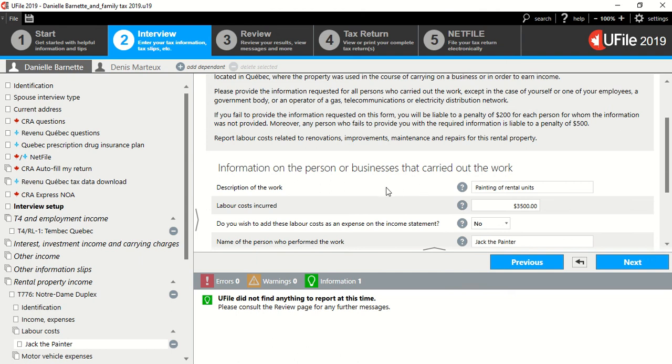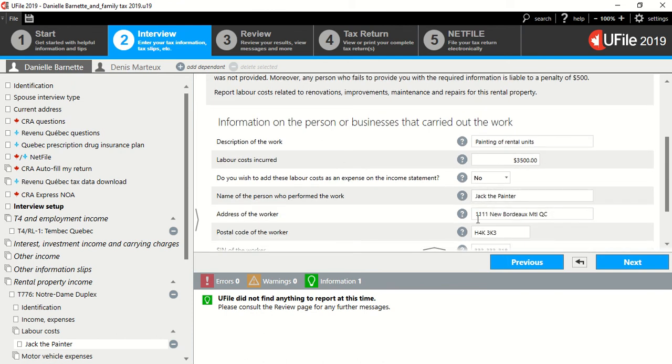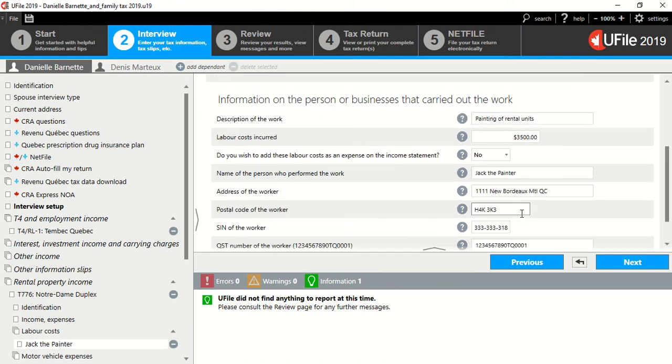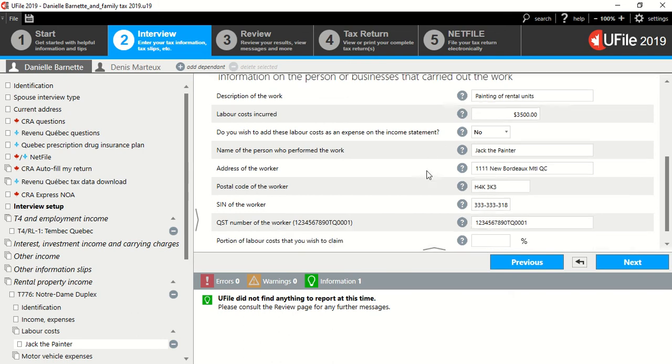This is a compliance enforcement measure. It's supposed to prevent people from working in the black market or doing things under the table, and kind of forces the contractor to declare their income. Otherwise, if Revenue Quebec has an audit in play, they can find the information from your tax return.